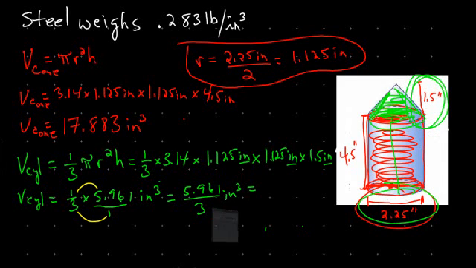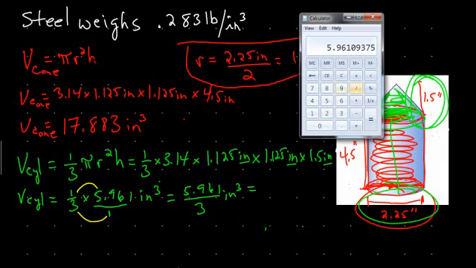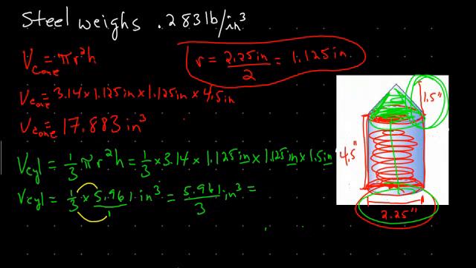And we'll get here that we have 5.961 divided by 3, so 1.987 cubic inches.